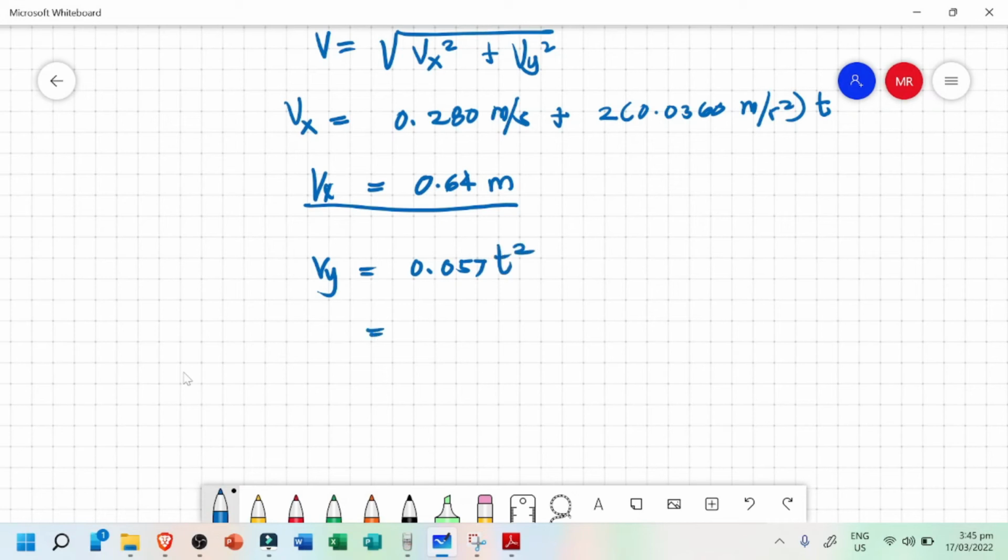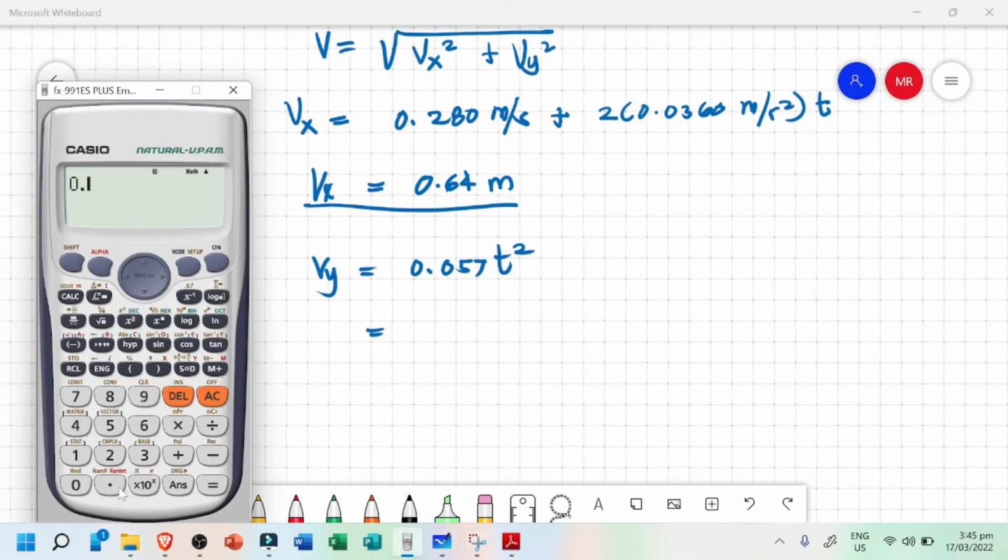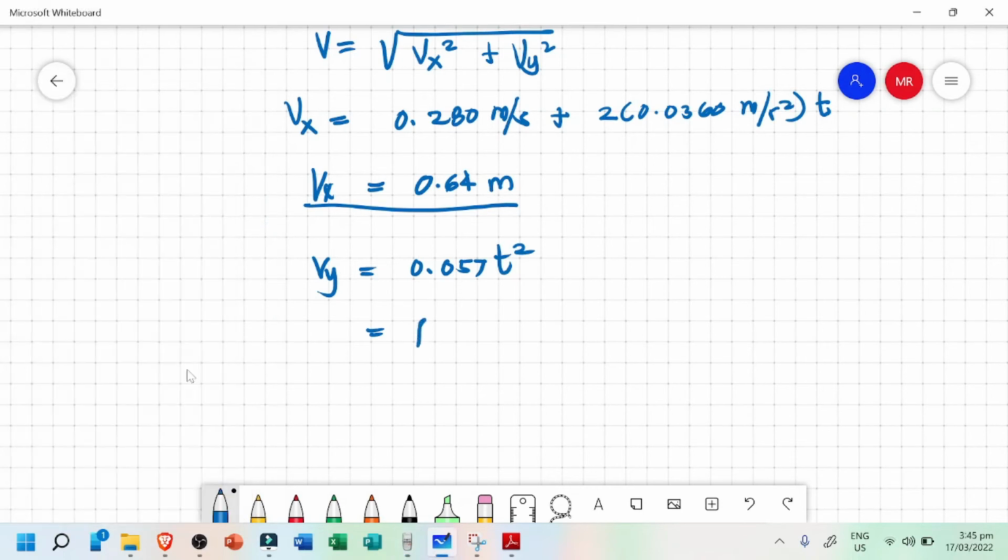Again, substituting 5 seconds to this equation, 0.057 times t squared. The velocity as a function of time, the y component, is 1.425 meters per second. So this is your Vy.